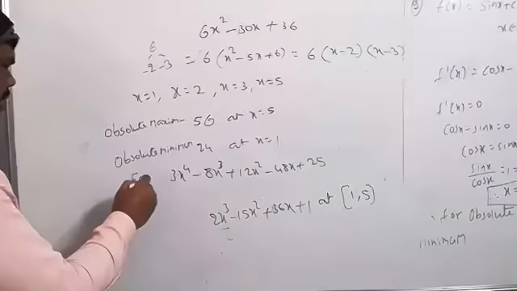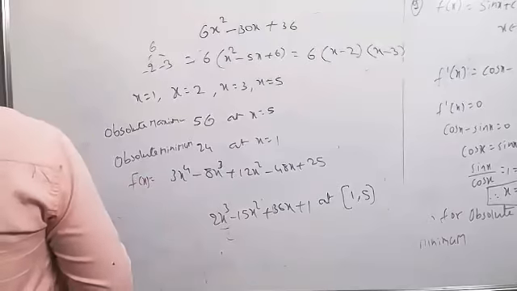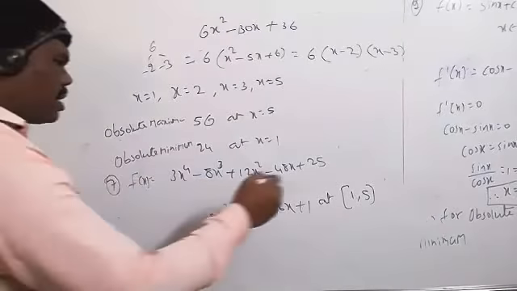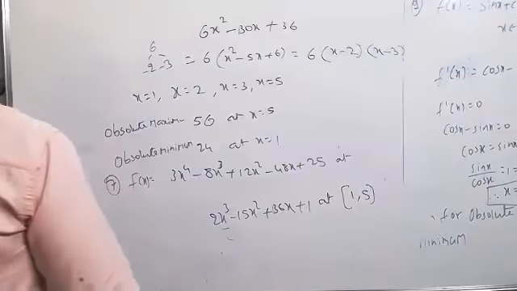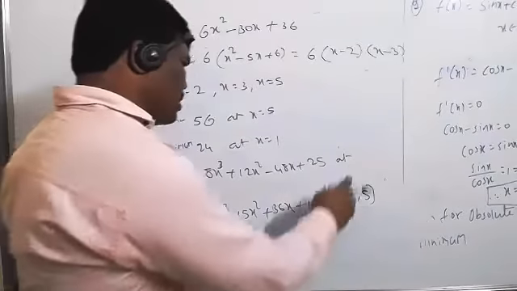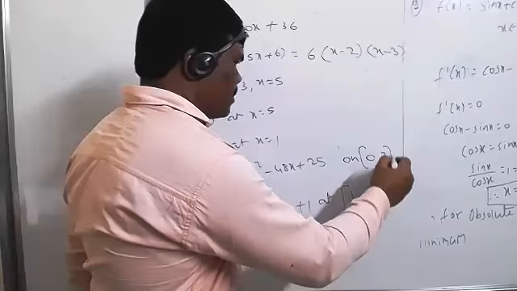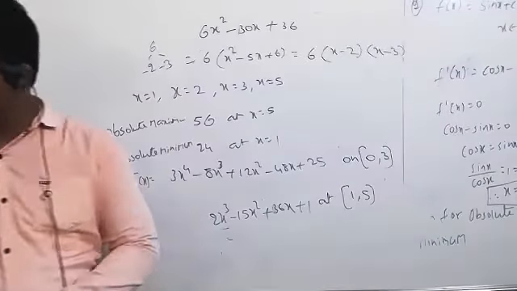This is the f of x value now. On the closed interval 0 comma 3.